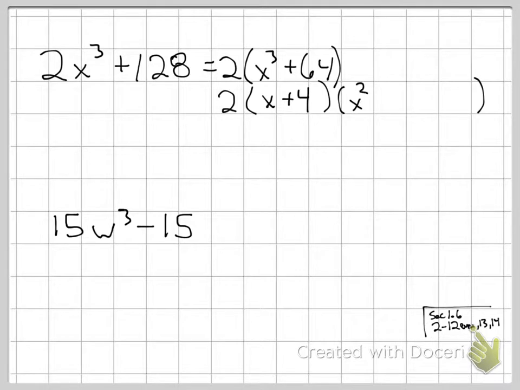X squared, plus or minus? Minus. Then what? Four or 16? 4 squared, 16. Now the 2 stays out front. It was factored out. It was a common factor. We leave it there. It's part of our answer.